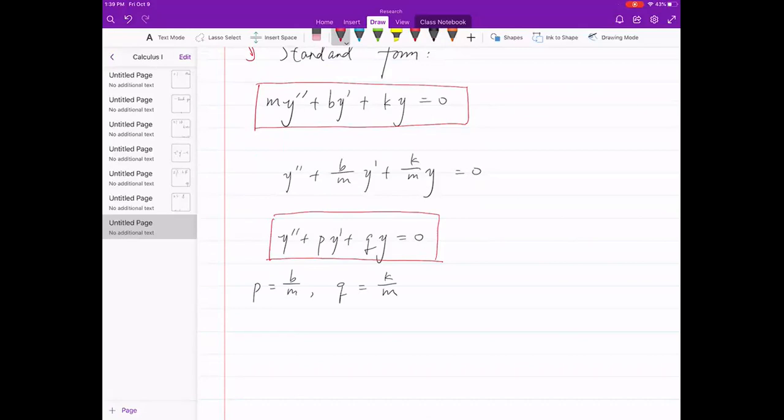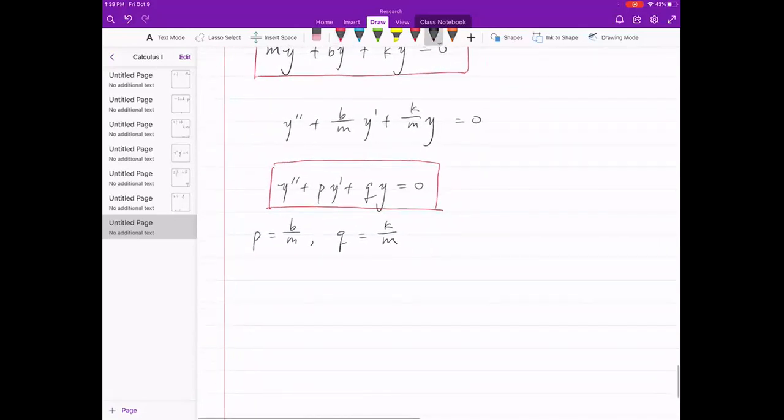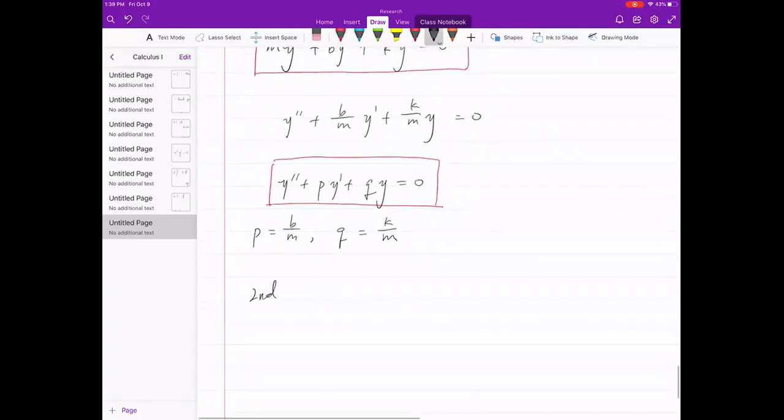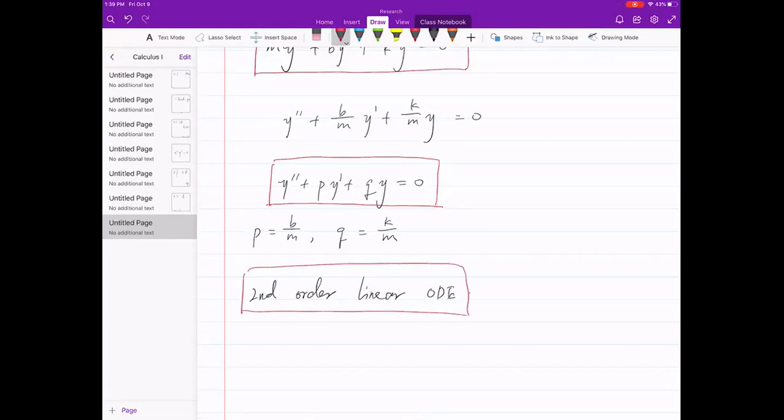Okay, whichever way, you should realize this is basically a second order linear ODE. All the derivatives of y, including the first and second, are included.